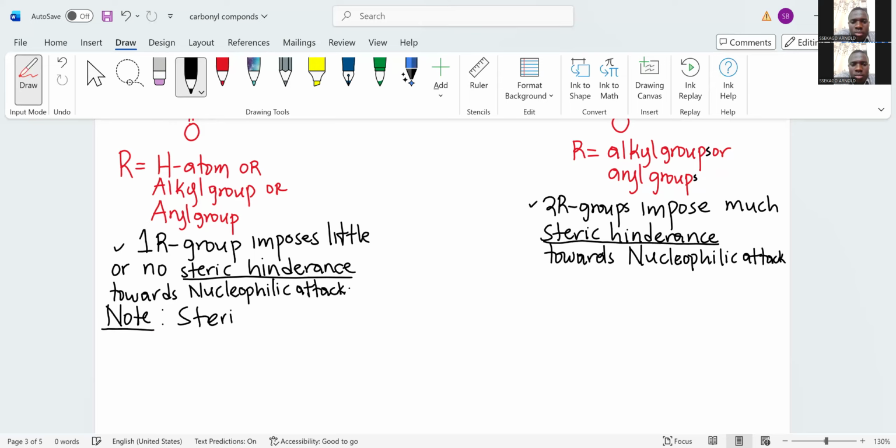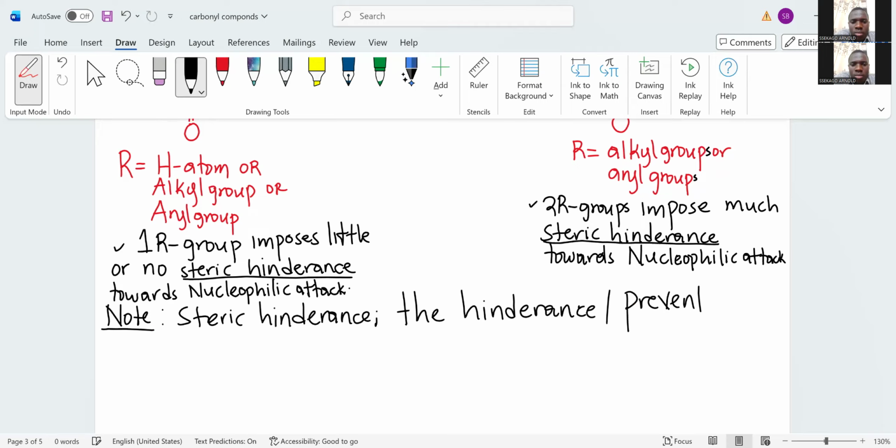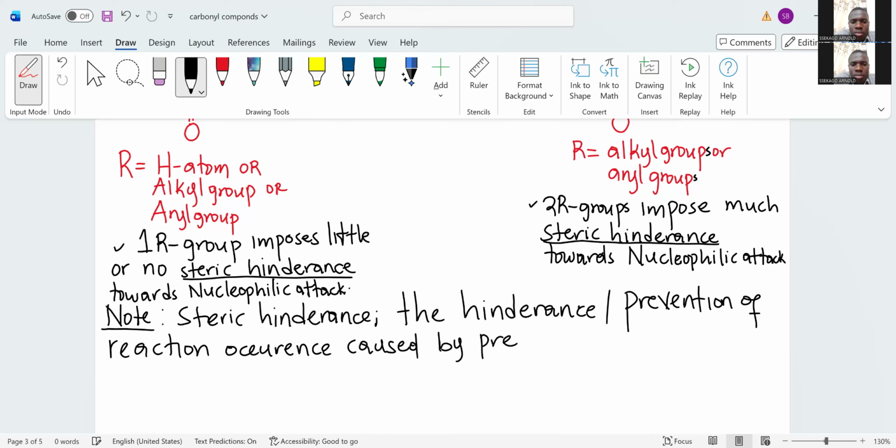Now, steric hindrance simply means the hindrance or prevention of reaction occurrence caused by the presence of bulky groups.